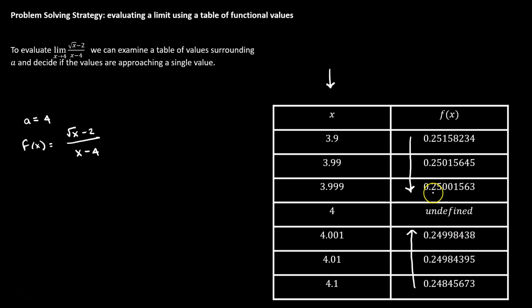And on the other side, 0.25001563, that's also really close to 0.25. So we're seeing the trend. We can then conclude that the limit where x is approaching 4 for the function root x minus 2 divided by x minus 4, that's got to be equal to 0.25.